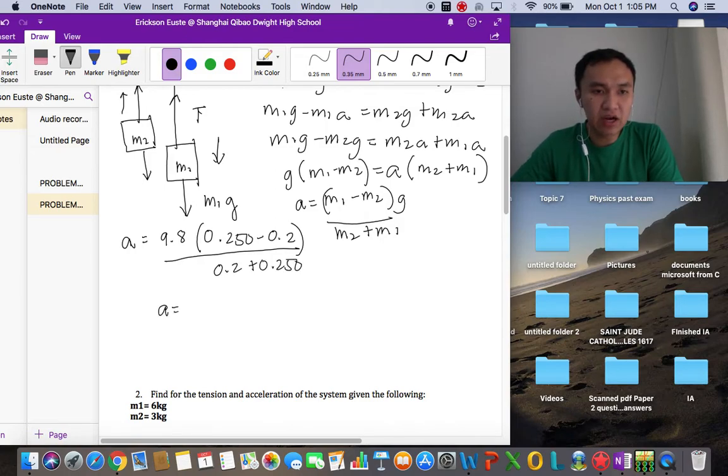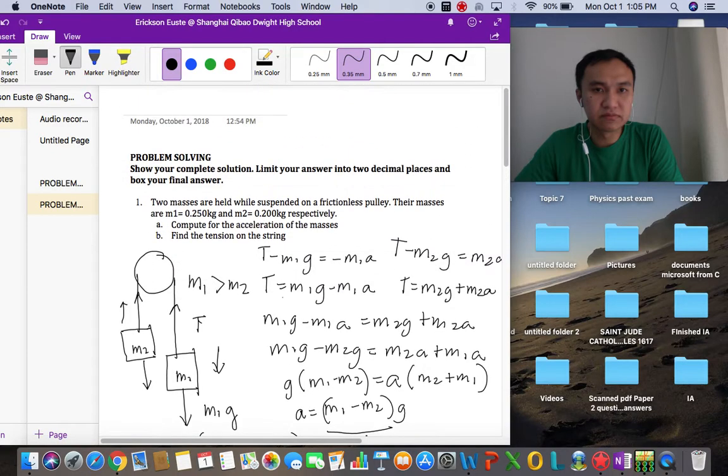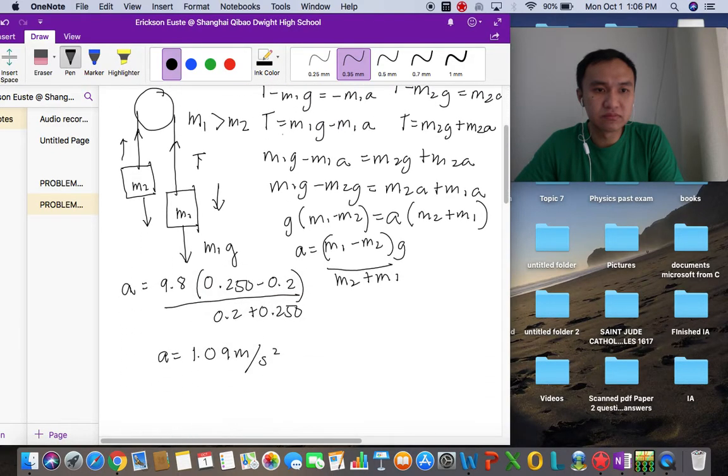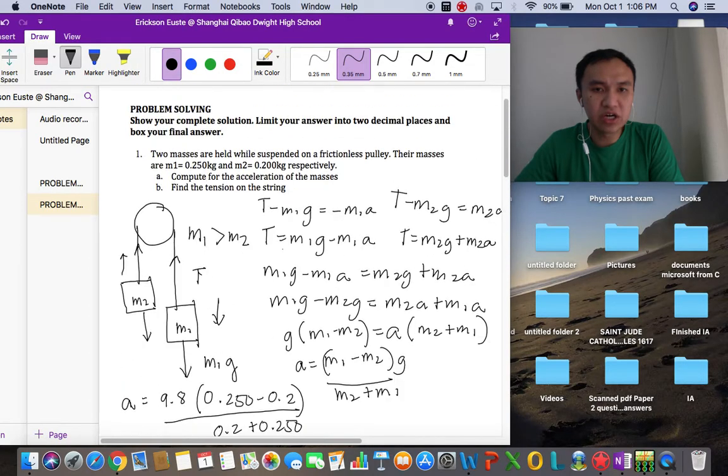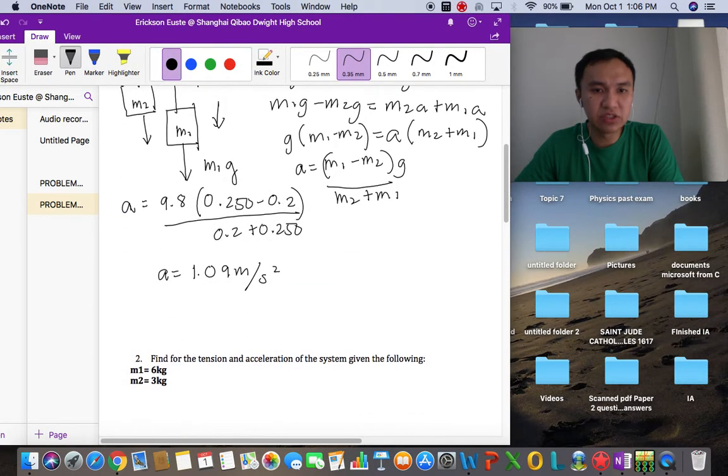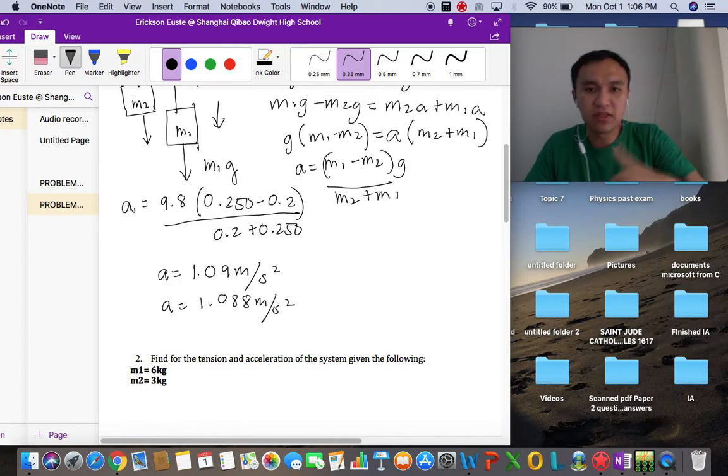In my calculator, it said 1.09 meters per second squared. Okay. But if you're considering the number of significant figures, I think it is 1.088 meters per second squared, for as long as you know the solution of this.